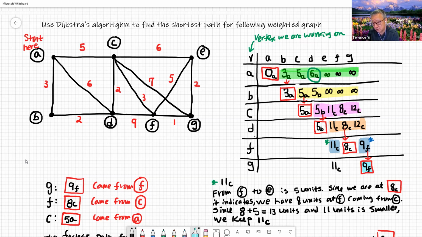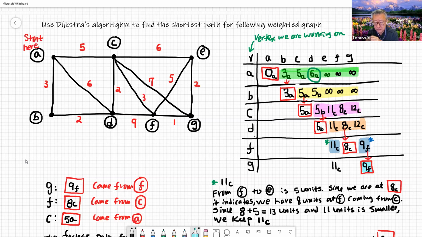If you do it this way, at the end, if you want to go from A to F, you know exactly how many units you're going to take from starting to the end point. You're just going to have to look at the total weight in the red box in this case. And then you look at the path by the subscript. You're just going to have to go backward. Then you're going to end up with the A there.